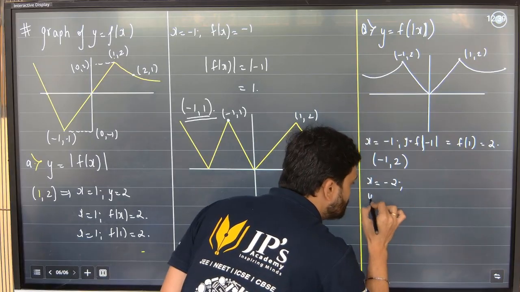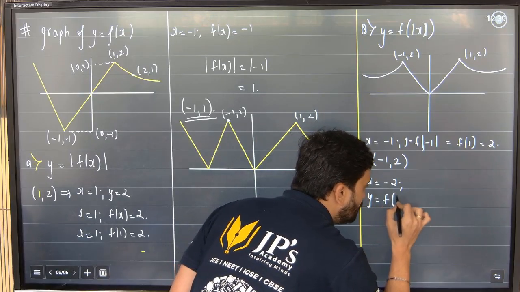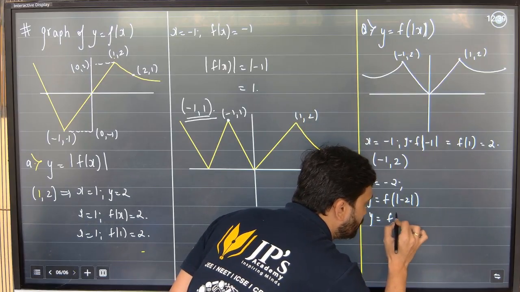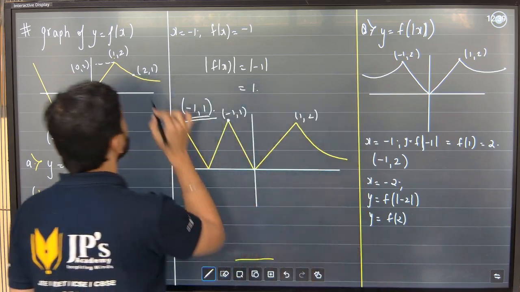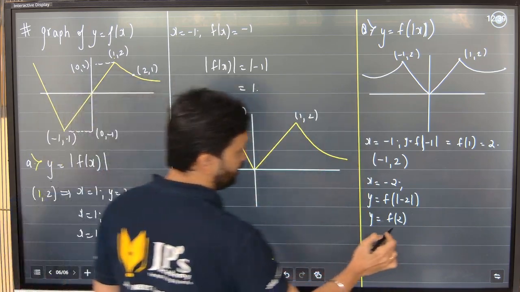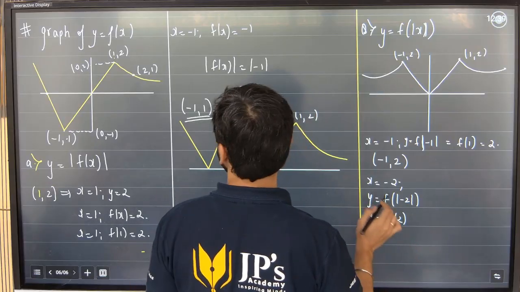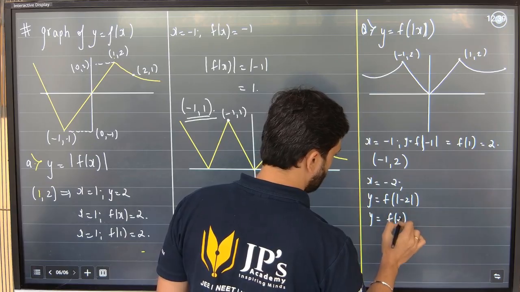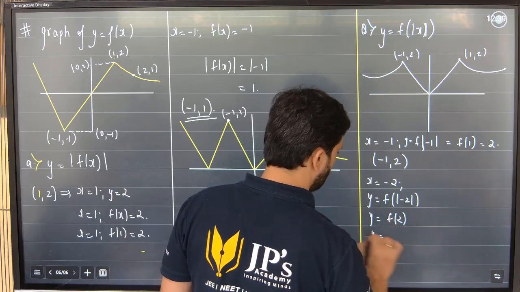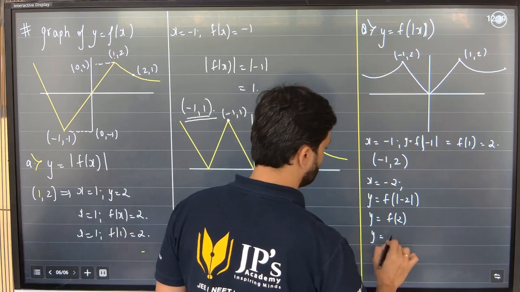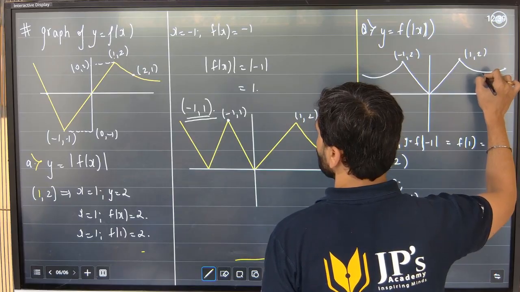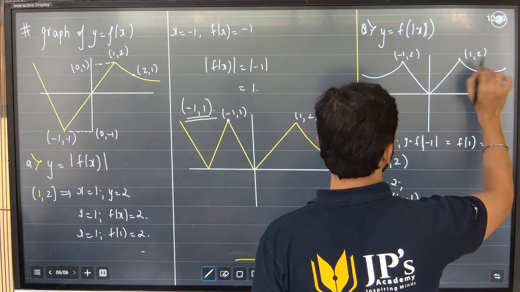If I take x as -2, y will become f of mod of -2, which will become f of 2. And f of -2 will become f of 2. Y will become what? 1. I took 2, 1.